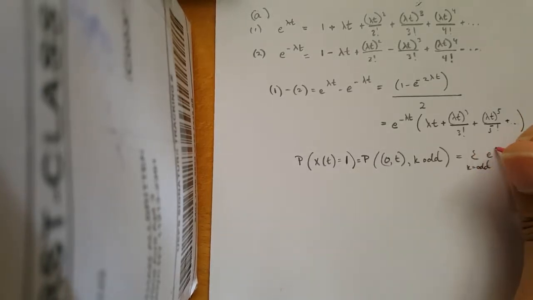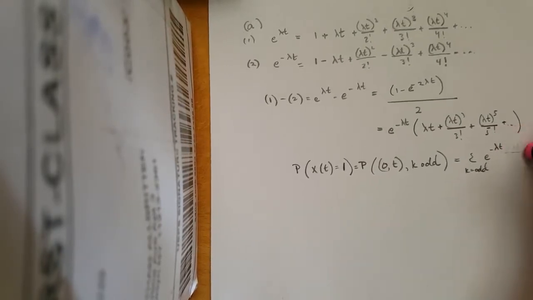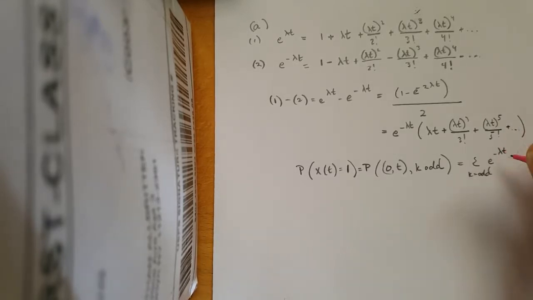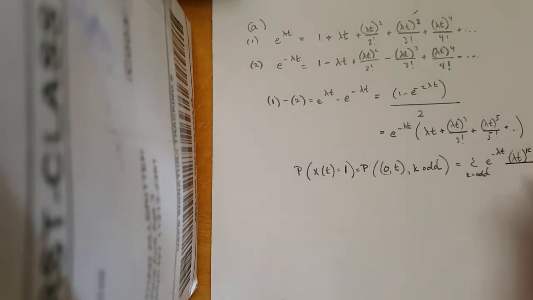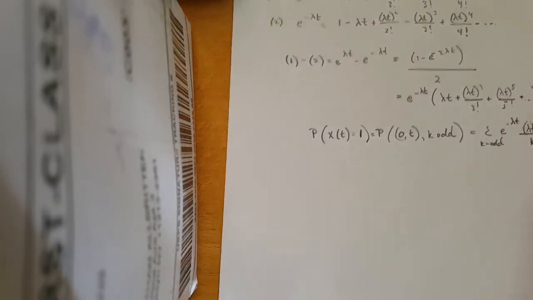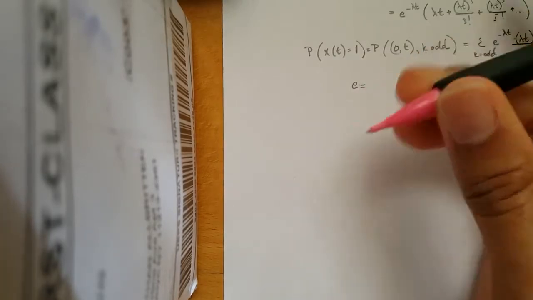Which is equal to e to the negative lambda t, lambda t to the k, over k factorial. Make sure I put this down so that it's not confused as being within the exponent, because it's not.